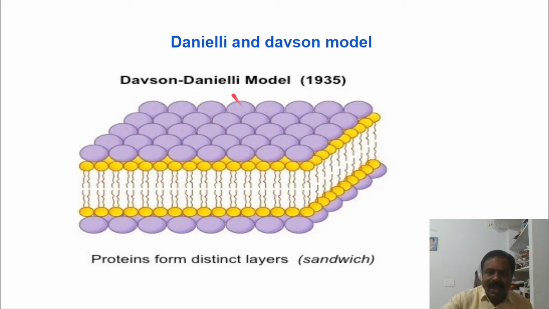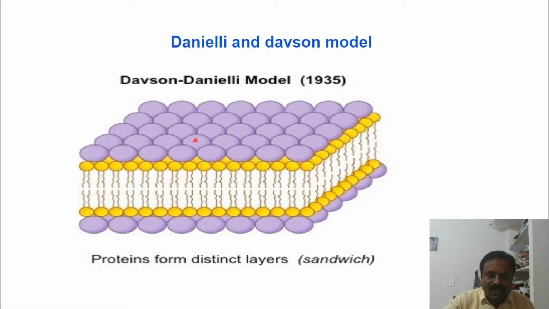So the Danielli and Dawson model is one model which explains the structure of the plasma membrane. In this model, in the center, the lipid layer is present, from this yellow region to this yellow region. And these purple colored globular molecules are proteins, and here also proteins.